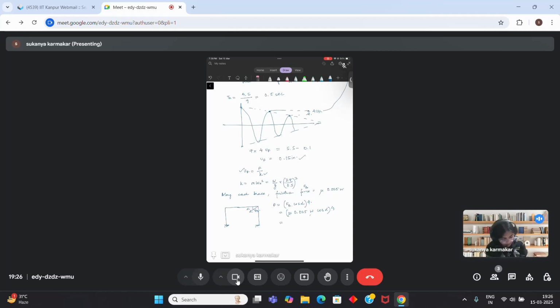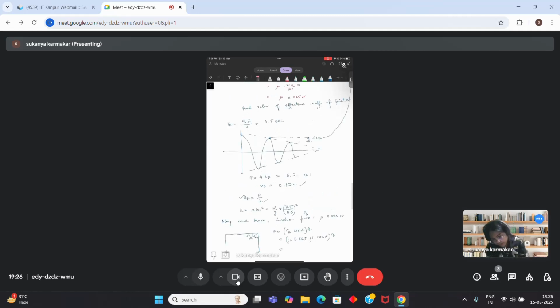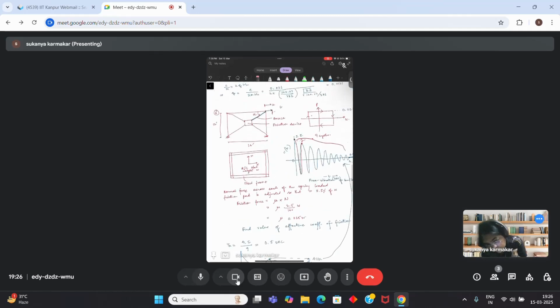So if you plug in the numbers, can I find the value of cos alpha here? So here cos alpha will be 16 by what will be this diagonal? This diagonal will be 12 square plus 16 square, which is under root of 400, that is 20.